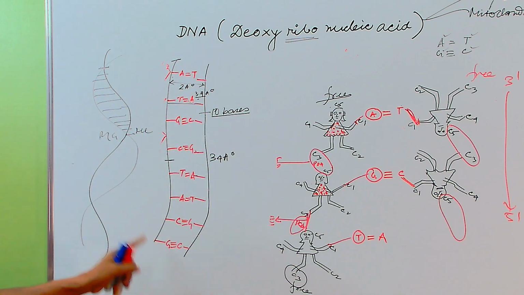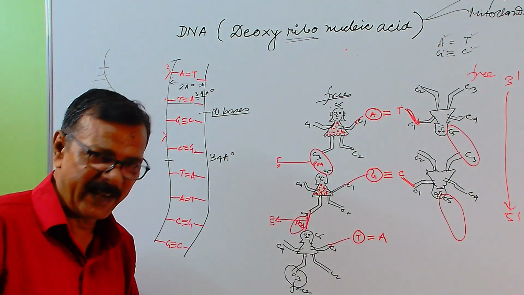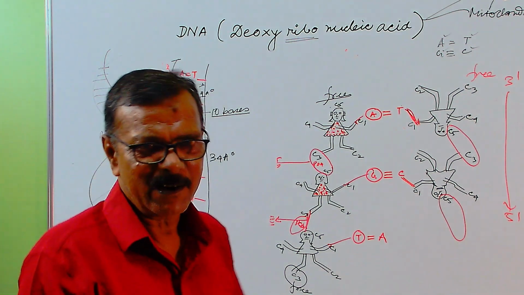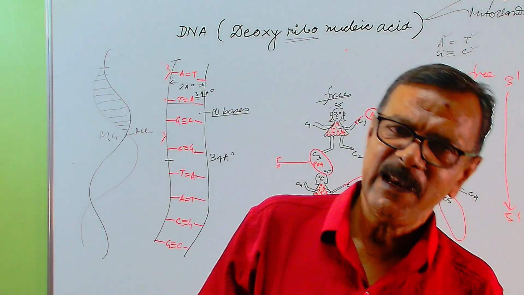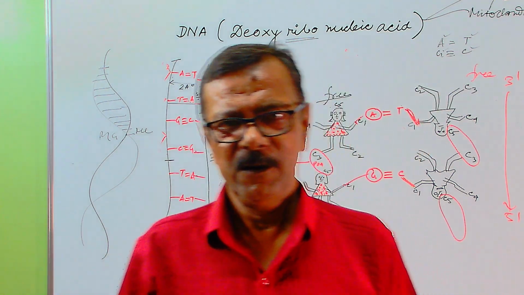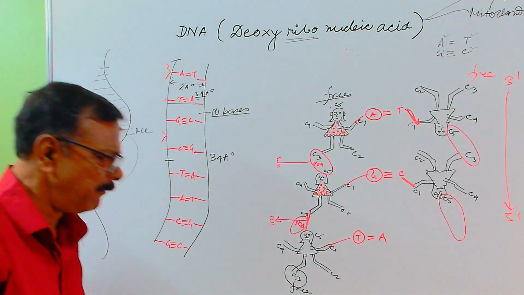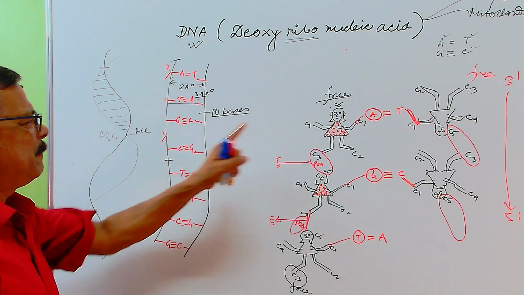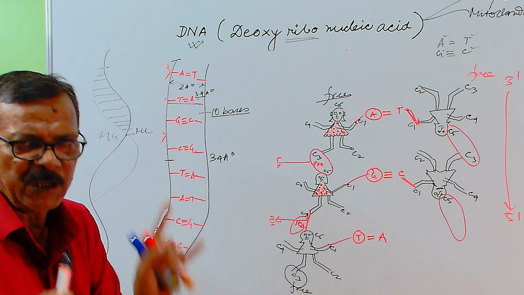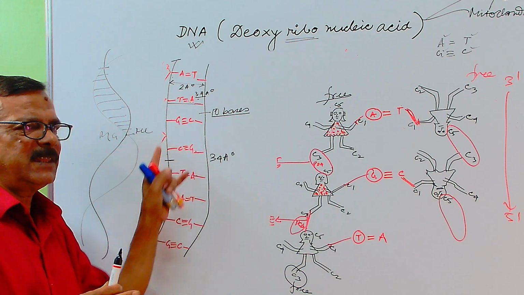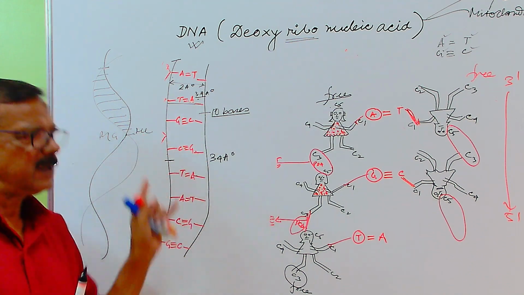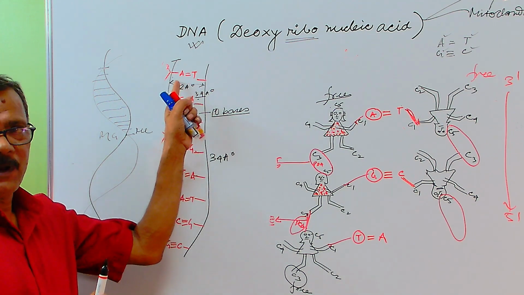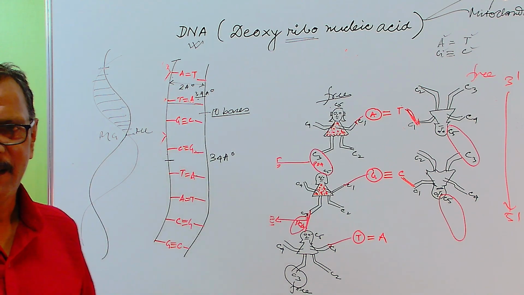So this DNA molecule is not a tetranucleotide. It is a linear polymer of pyrimidine and purine nucleotides. A linear molecule of DNA is a linear molecule of purine and pyrimidine nucleotides joined one with another with the help of phosphodiester bonds, and the bases remain joined with the sugar at the C1 position with the help of glycosidic bonds.